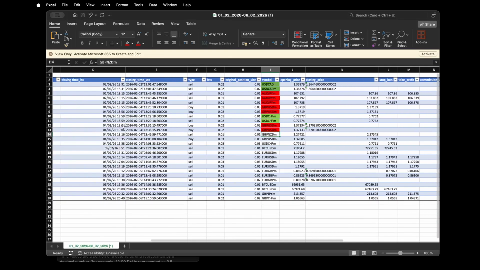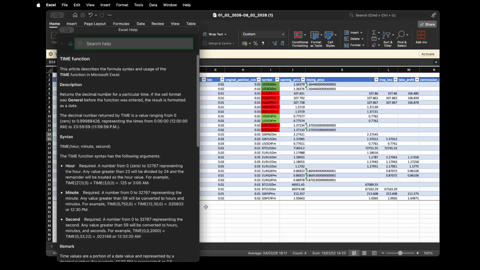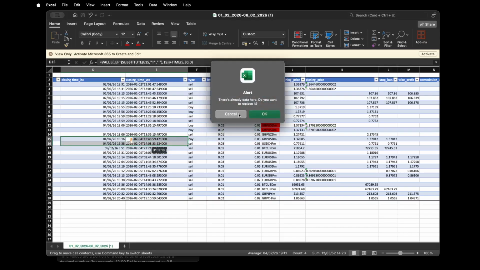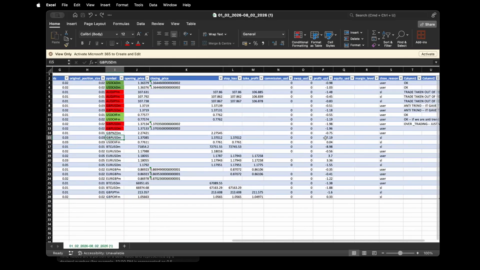Then the same day GBP NZD, and again GBP USD, again a GBP USD buy. Shit. This is shit, man.